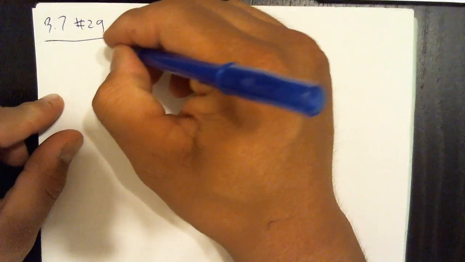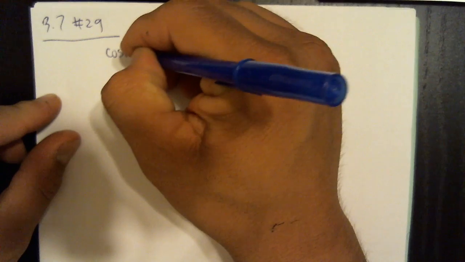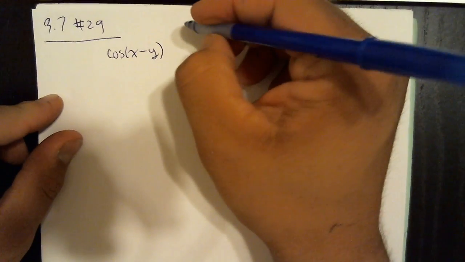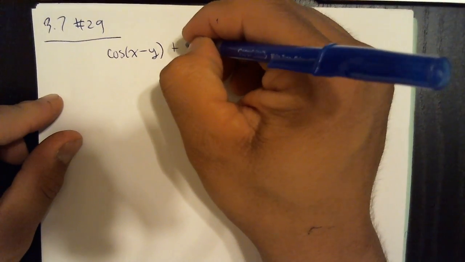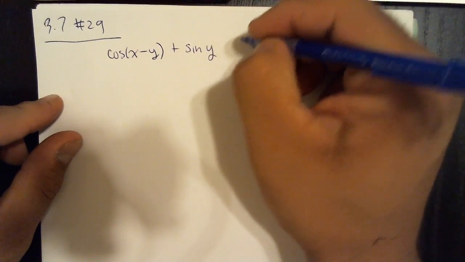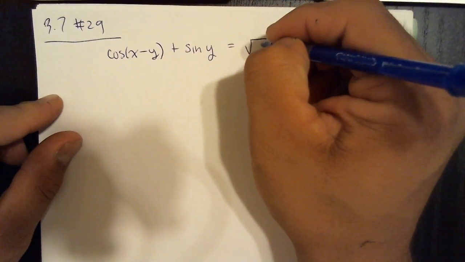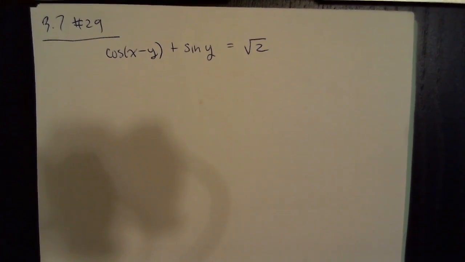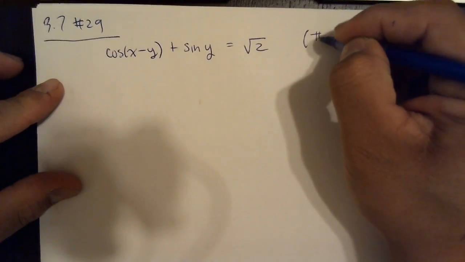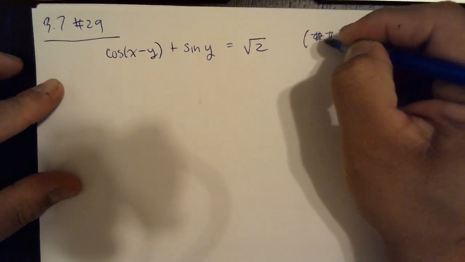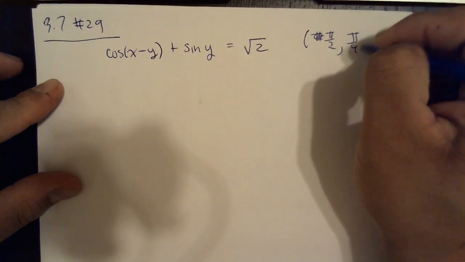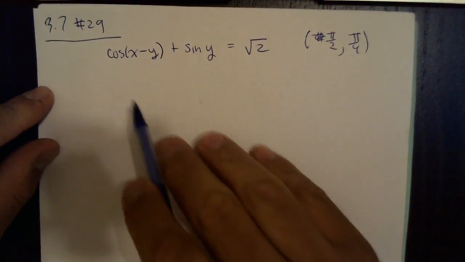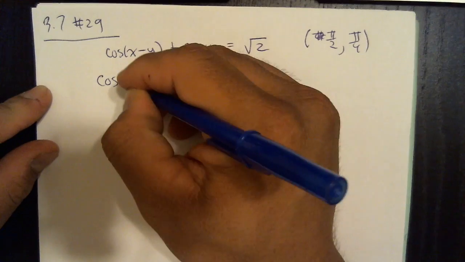So we have cosine of x minus y plus sine of y equals square root of 2. In this question, we're asked to verify that the given point lies on the curve. The given point is pi over 2, pi over 4. So we can verify this by just plugging in here.